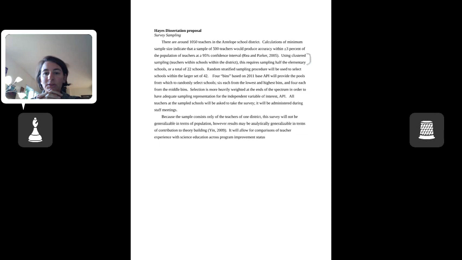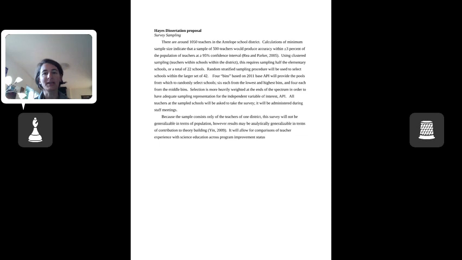But I used a stratified sampling procedure to select the schools. I created 4 bins based on the API scores, the test scores of the school, to provide pools to randomly select schools because I really wanted to understand the accountability context, which was the research question I've been talking about this whole time. That was the research question from my dissertation. I wanted to understand the way elementary science teachers responded to certain accountability contexts.